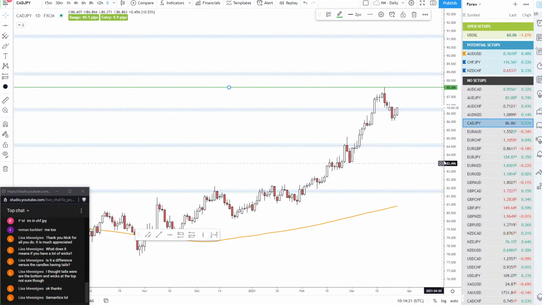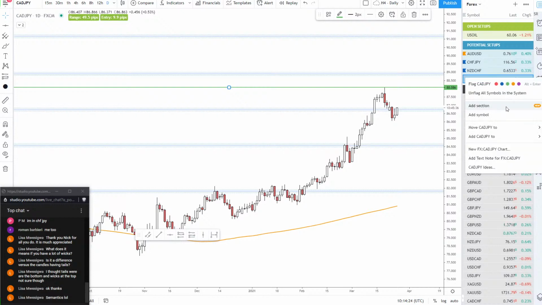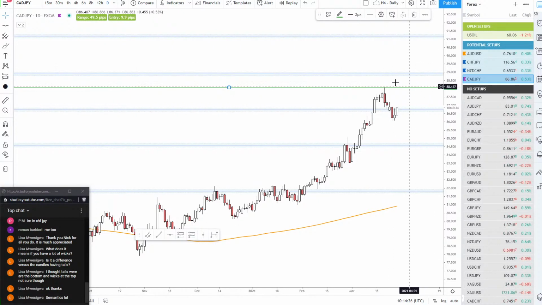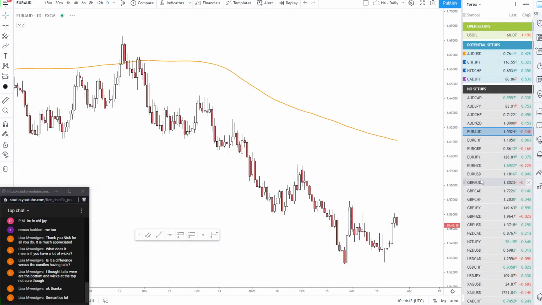Potential breakout on CADJPY, but I wouldn't really look at this until next week. And even then, there's resistance right above it, so it's a super risky one. I'm just going to put it on the list because I want to look at it next week. Technically speaking, it could break out this week, but it would have to be a pretty significant move. It would have to get above this green line, which probably is not going to happen this week. But I'll just keep an eye on it.